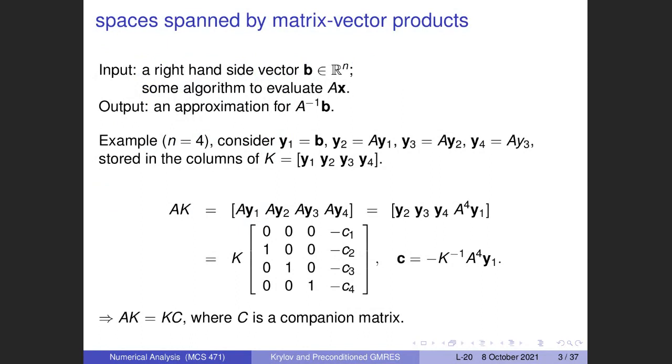The setup is that we have a linear system where we have a right-hand side vector and some algorithm to evaluate the matrix vector product. The matrix may be defined by a formula that decides on some pattern.